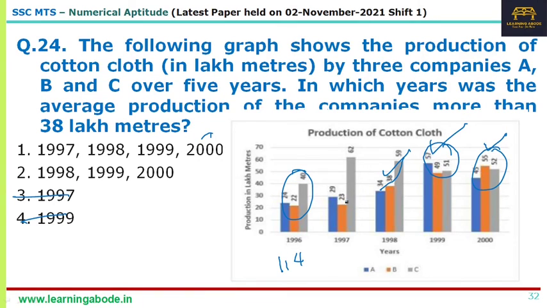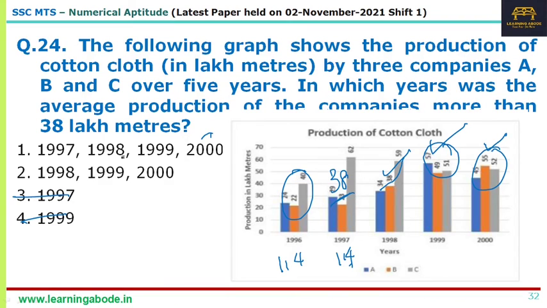So when you go for the total, it is 62 plus 23 is 85, and 85 plus 29 is exactly 114. So exactly 38 is the average.